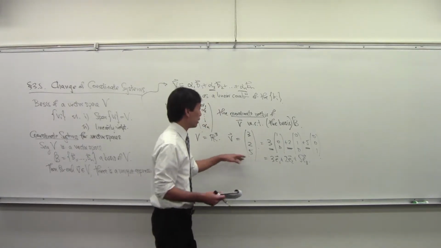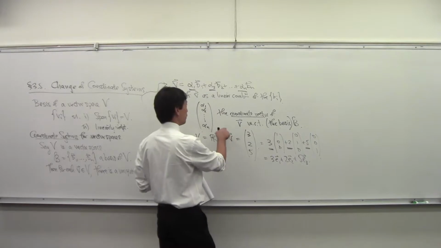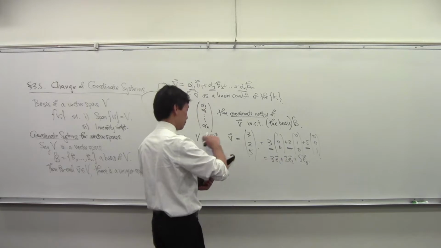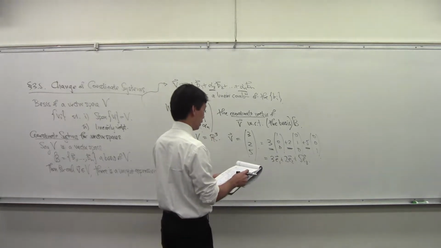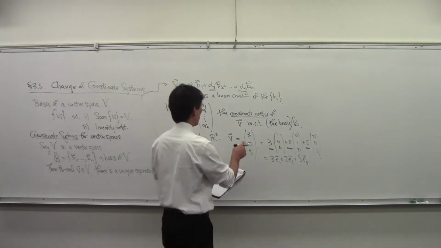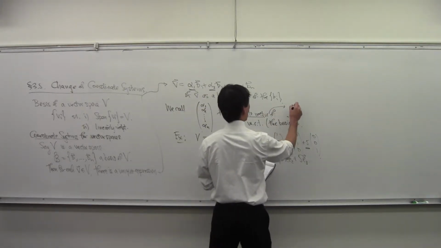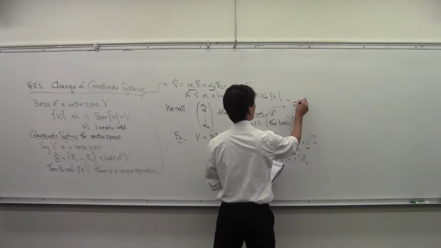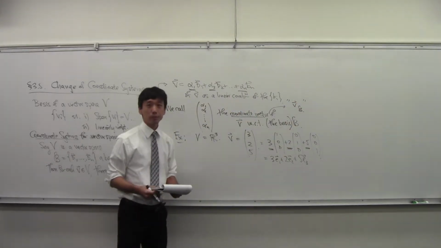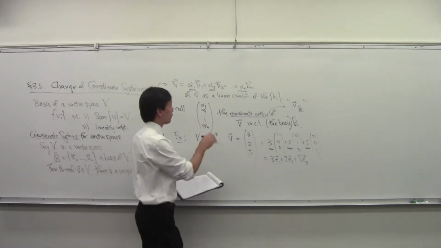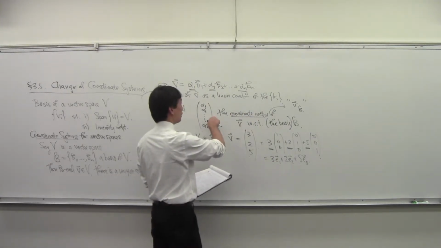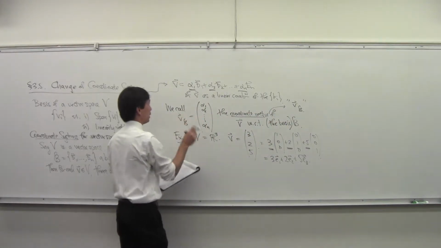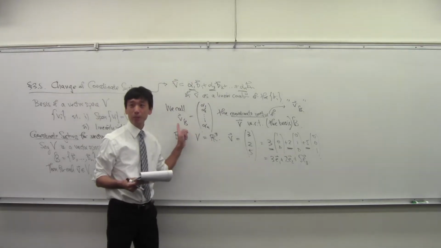I'm not going to review that. So this 3, 2, 5, actually I should have introduced the notation back here. Let's call this thing v sub B. This is the coordinate vector of v with respect to the B basis.